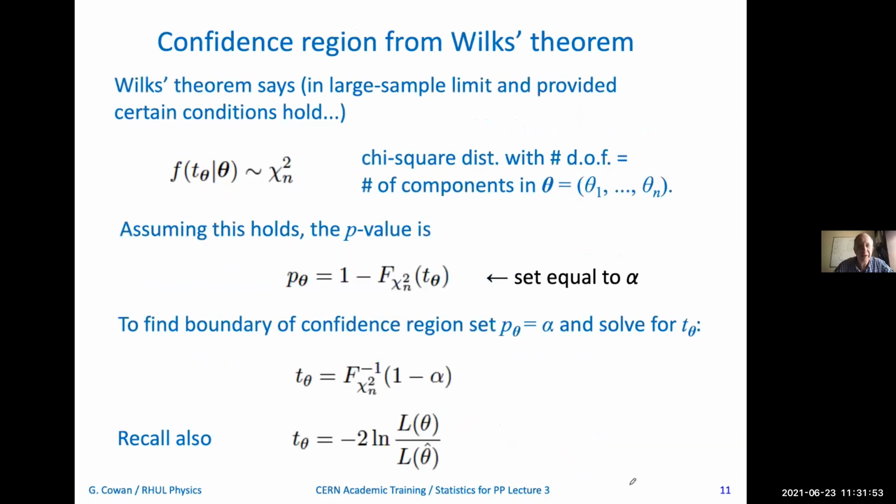All right, that might sound a little bit difficult, but there is a miraculous theorem that saves us called Wilks' theorem. Let me first give the simple version of Wilks' theorem. It says that in the large sample limit, plus regularity conditions similar to what we went through in the first lecture concerning maximum likelihood estimators, the distribution of this statistic t(theta) under the assumption of theta is just a chi-squared distribution for n degrees of freedom, where n is the number of components of this vector of parameters.